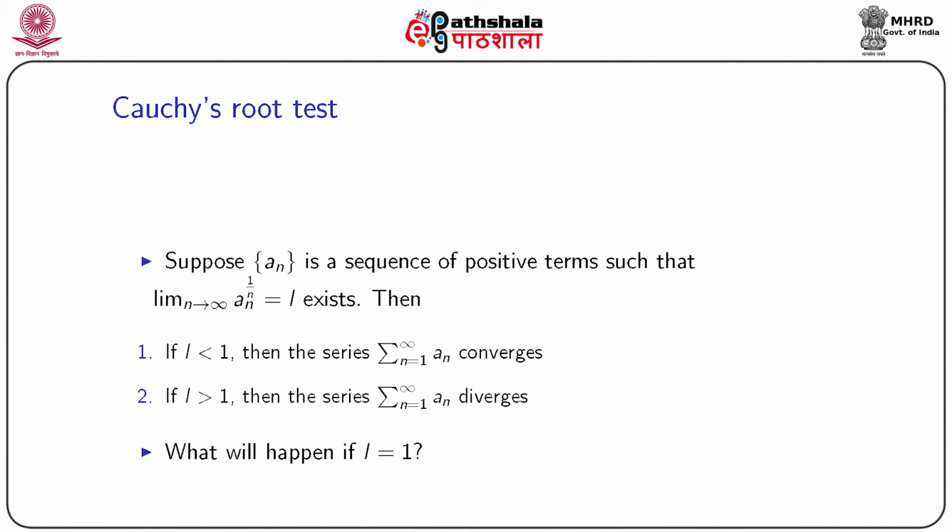If L is greater than 1, the series diverges. These tests, just like D'Alembert's ratio test, keep silent in the case L equal to 1. After knowing these three tests, now we will check the convergence of a few series as examples.